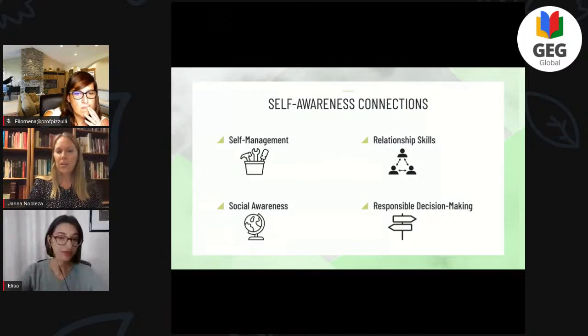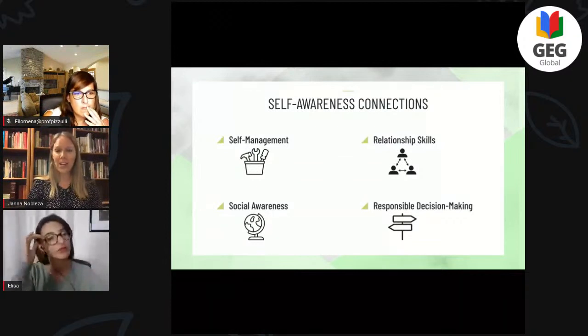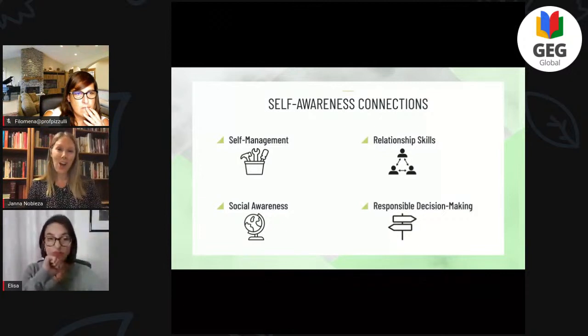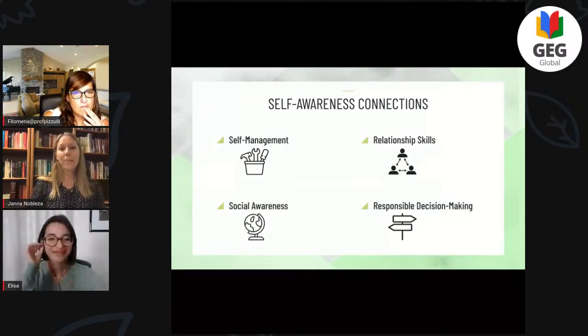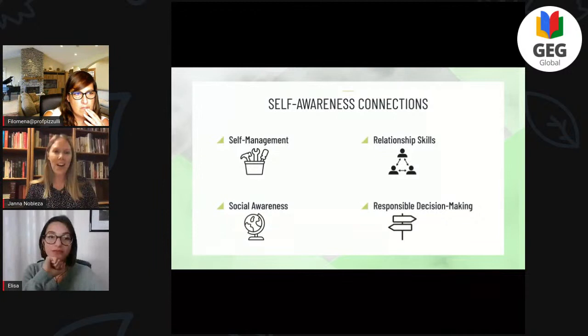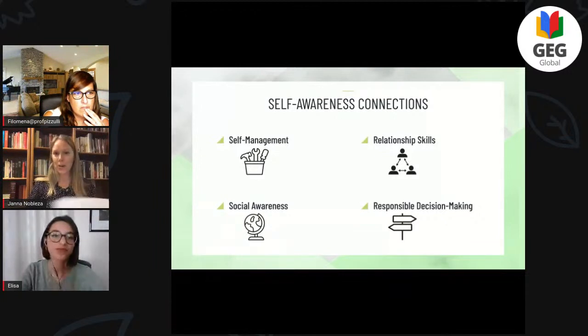If we can have students knowing themselves and who they are, what their emotions are, and feeling confident in themselves, even in a growth mindset type of way, they're going to be able to build those other competency skills as well. So let's take a look at what you might do to help build self-awareness in your classroom.